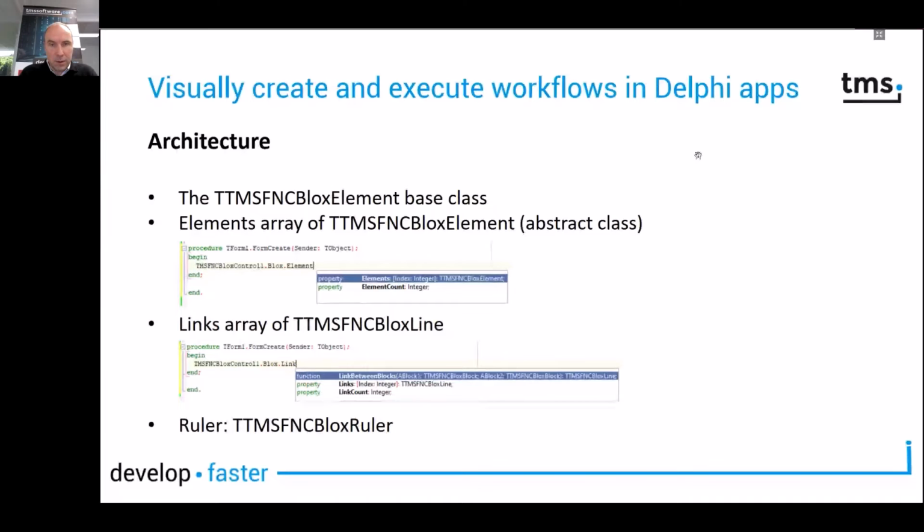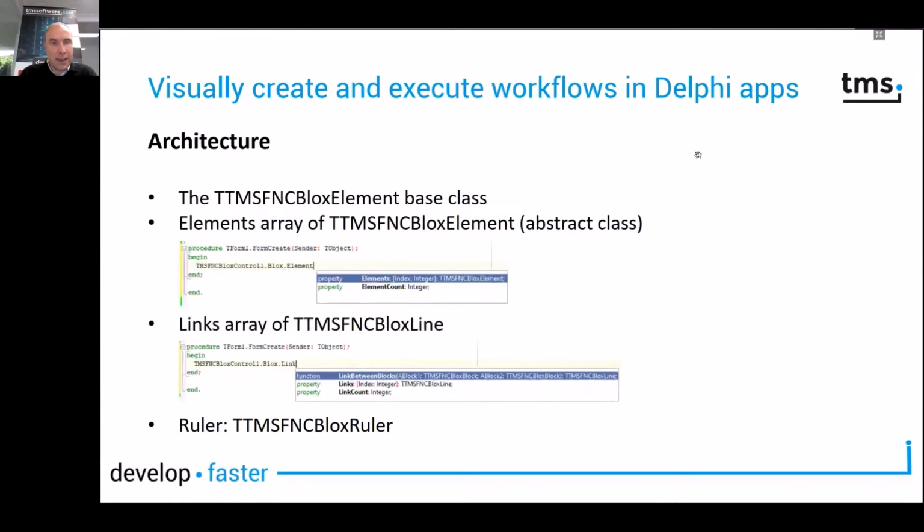And descending from that is the FNC blocks line, the line that connects multiple blocks. And this is also added to an array list of FNC blocks lines. And this is within the links array, while the other elements are in the elements array.